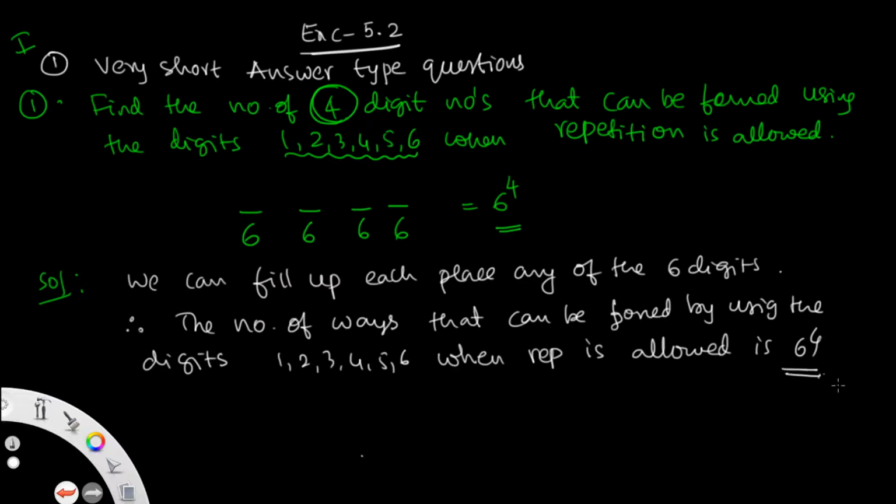This is the answer, and the value is 1296. 6 into 6 into 6 into 6 is 1296.